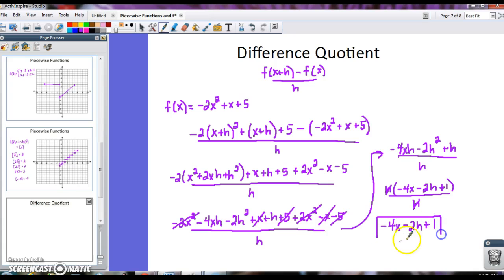And that is my difference quotient for that problem. So it's really easy to make careless mistakes when you're doing these problems. It's easy to lose a term in there or mix up a sign, and then that messes things up. So be really careful when you're doing these. But that's the general gist of the difference quotient.